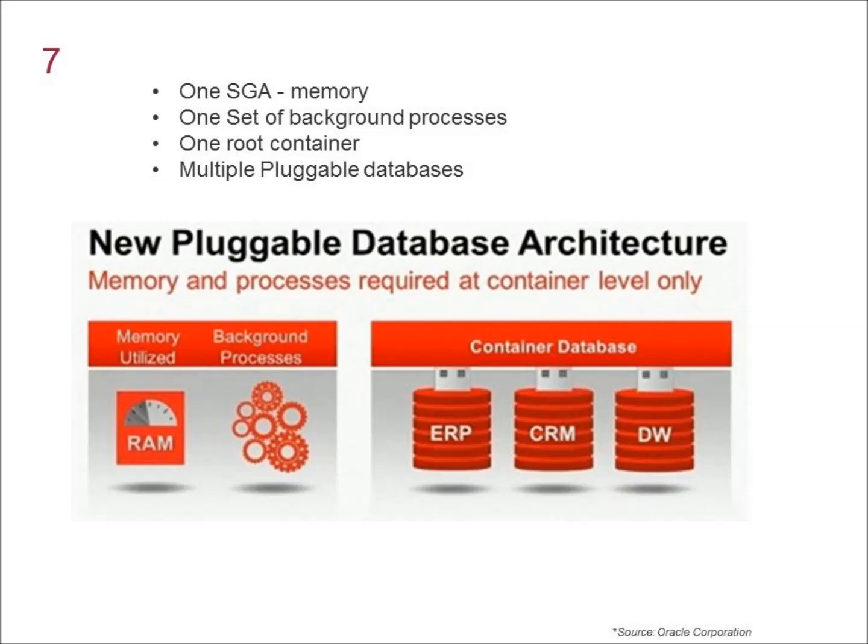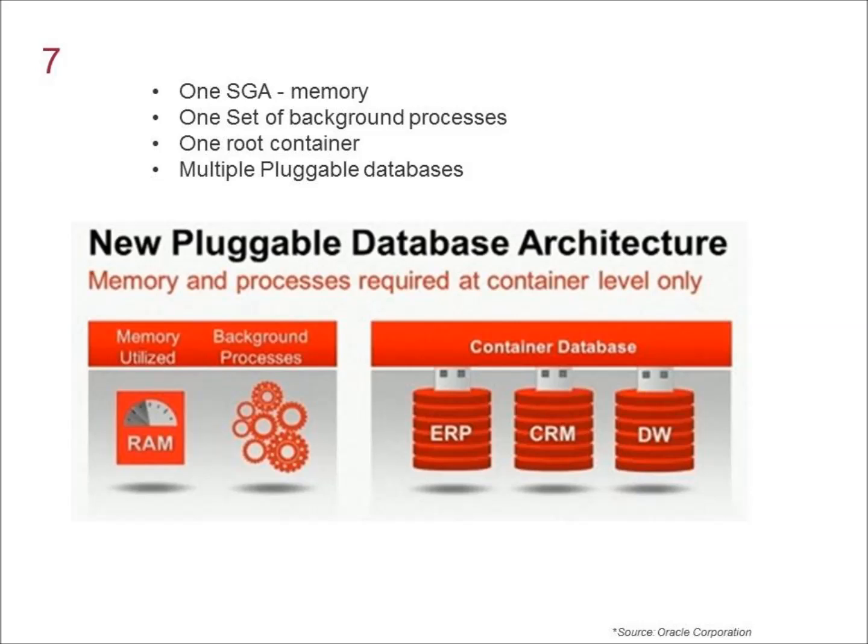The main difference is when you need to patch or upgrade. With the older architecture, you are patching and upgrading all of the databases within that server, versus the multi-tenant architecture, where you have one container database and underneath it multiple pluggable databases.